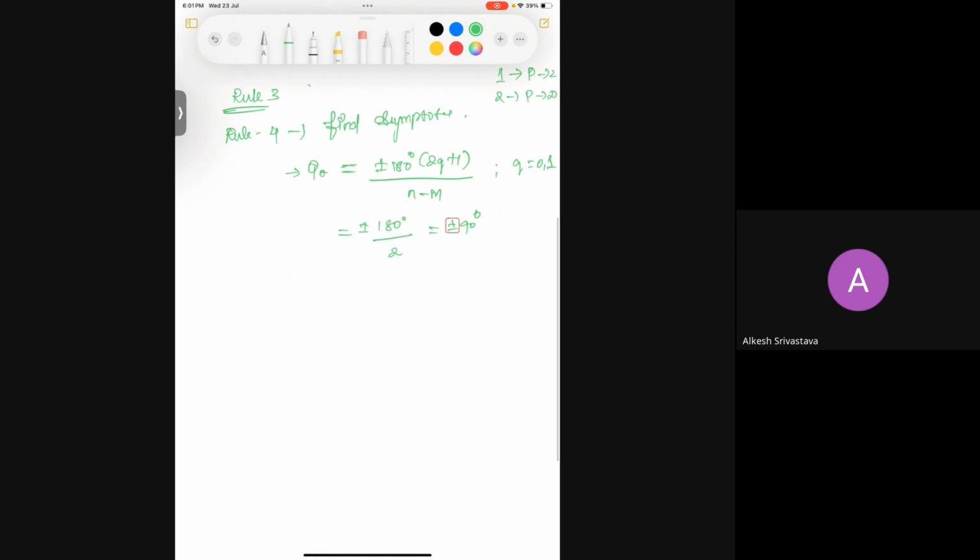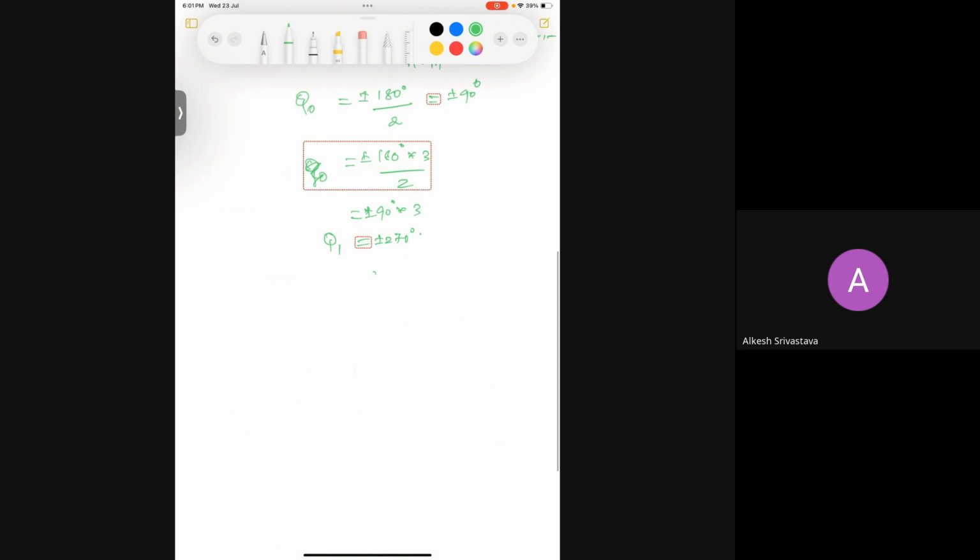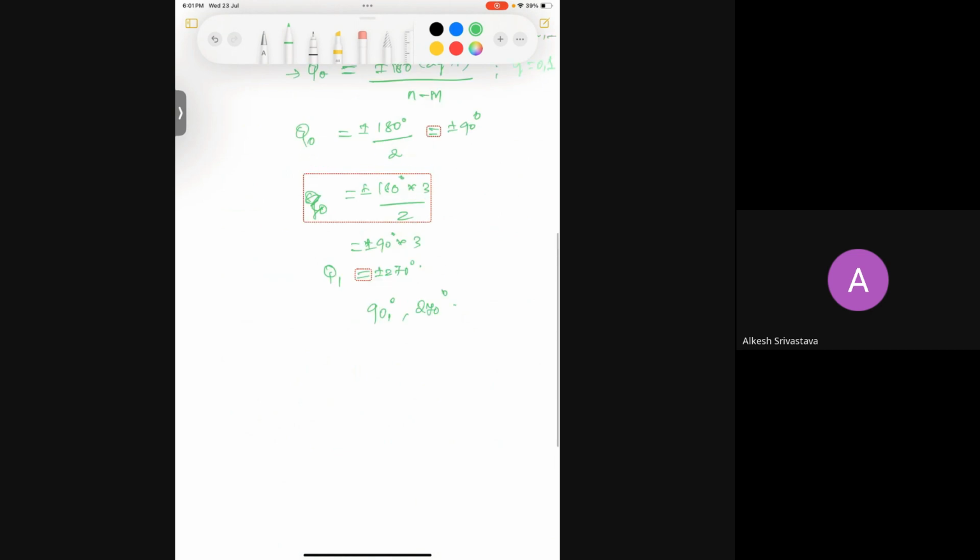Then when I put q equal to 1, it will give me 3 by 2 into 180, 90 into 3, plus or minus 270 degrees. So this will be q0, and this will be q1. So my asymptotes will cross at 90 degrees and 270 degrees.